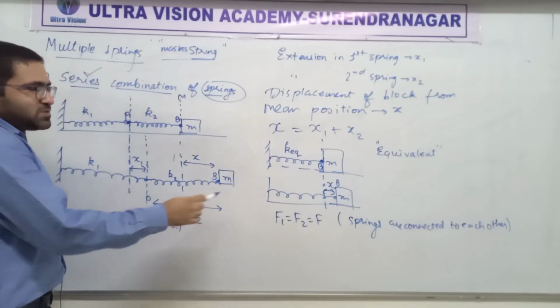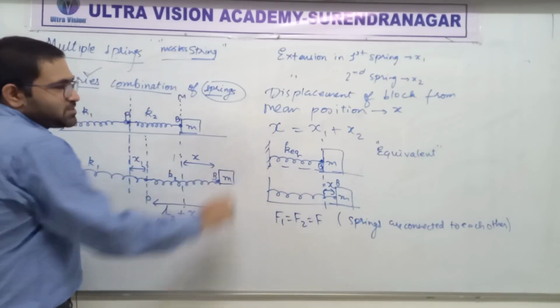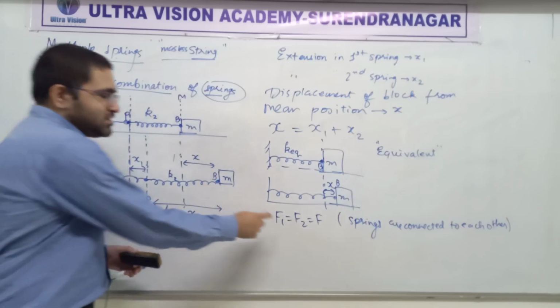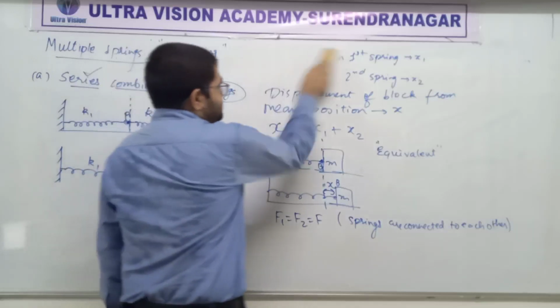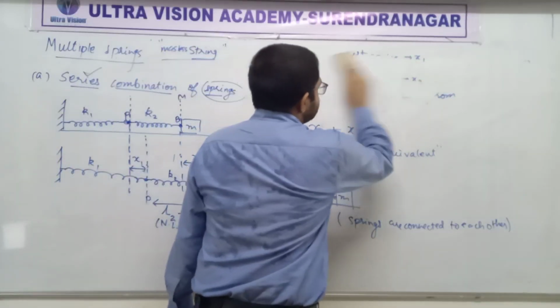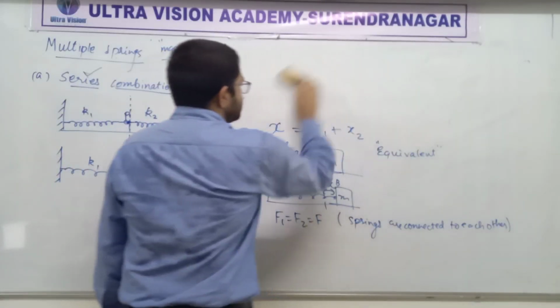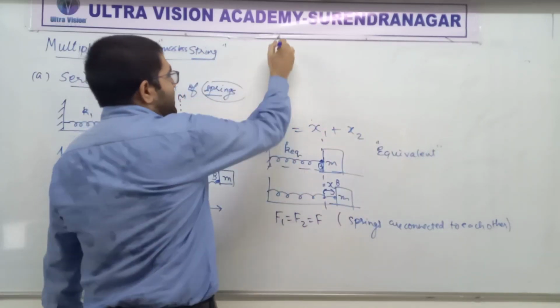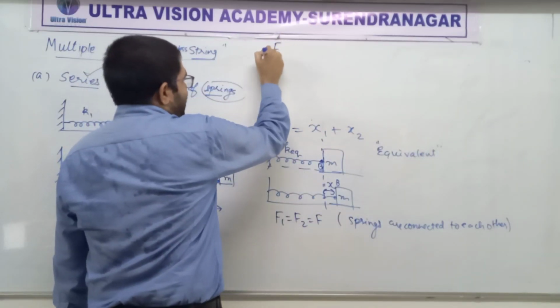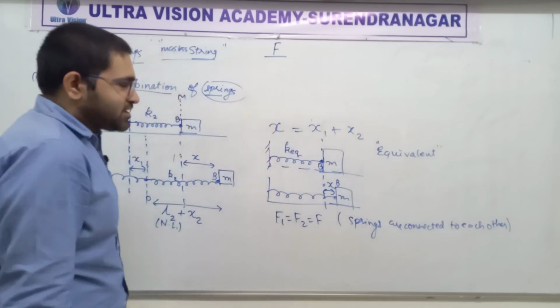Now, if I use this relation in this equation, so instead of x, I can write F upon K. Now this is interesting.